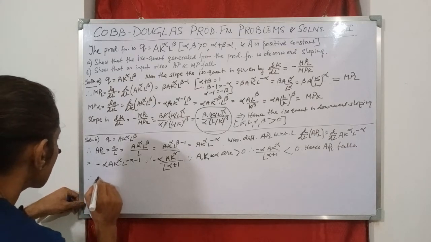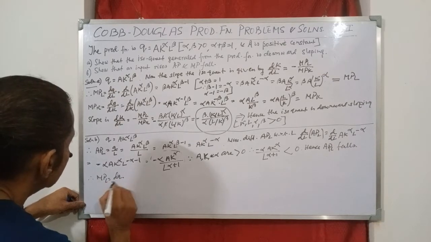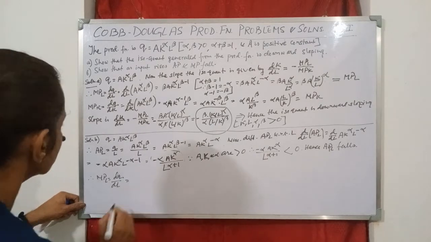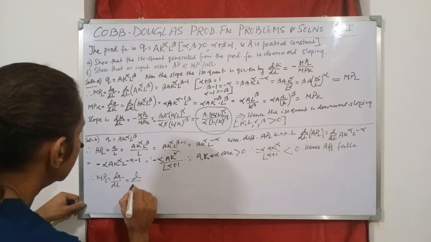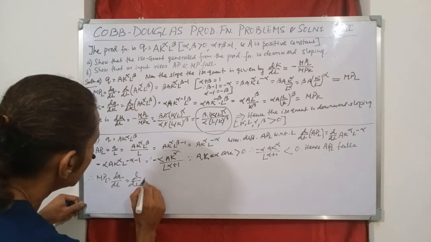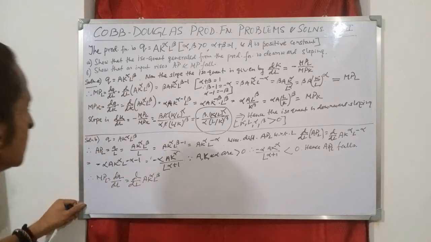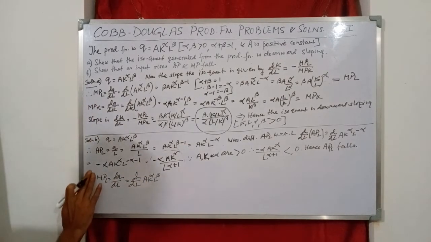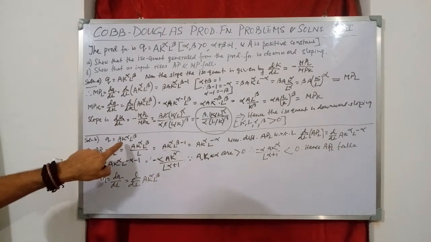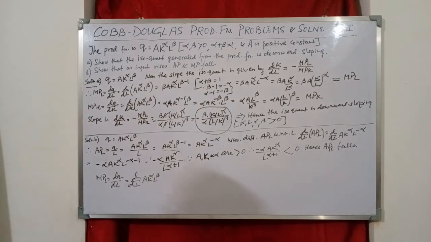Therefore, MPL equals dQ/dL, which equals d/dL of the production function, that is A K to the power alpha L to the power beta.